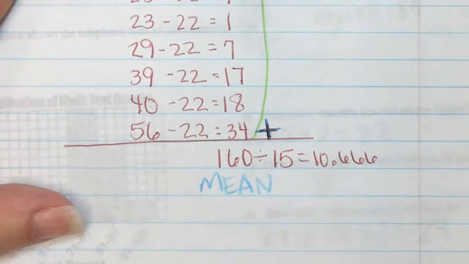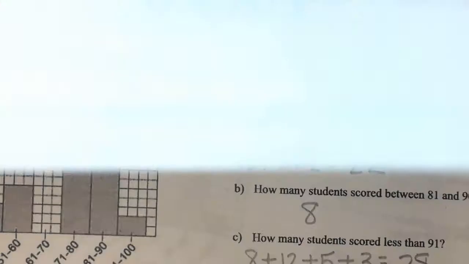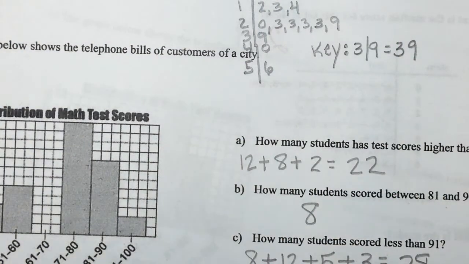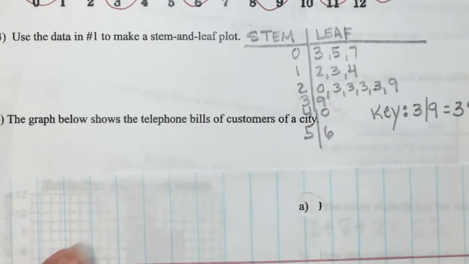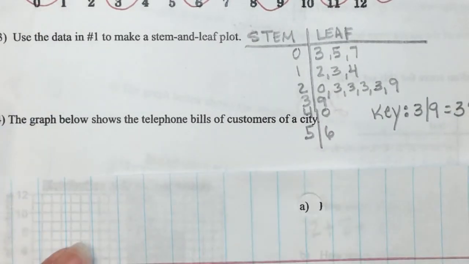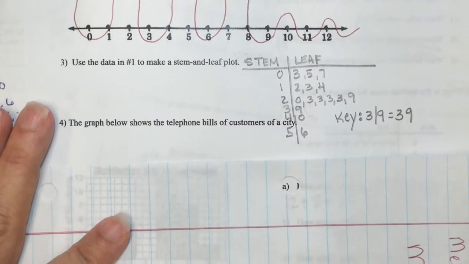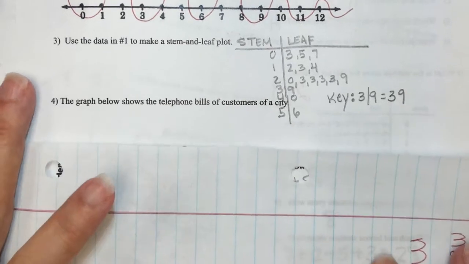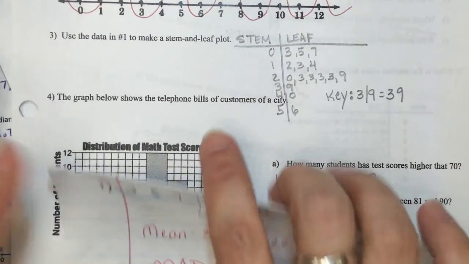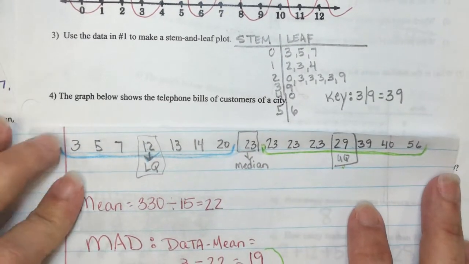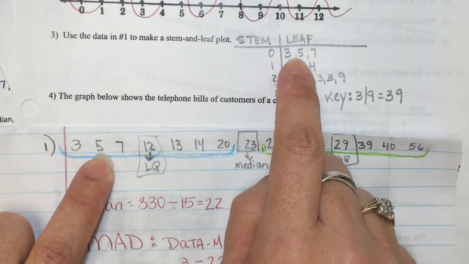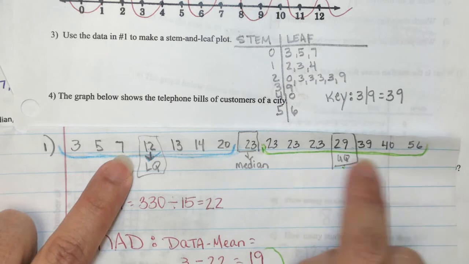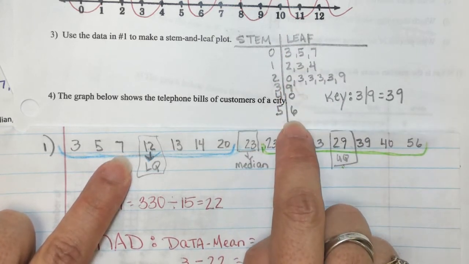Now, going to the next thing. Let's see what we got here. Okay. The next thing is stem and leaf. I think, if I'm on the right place. Let me get settled again here. Okay. Stem and leaf. I took all my data back on these numbers again. 3 means 0, 3. 5 means 0, 5. And so on. I got all my numbers.